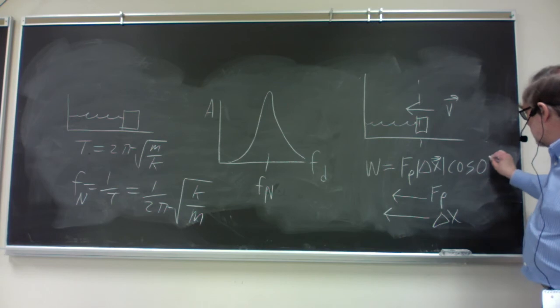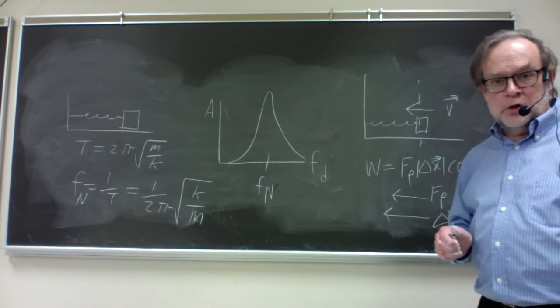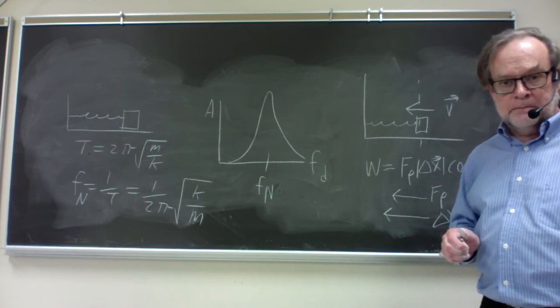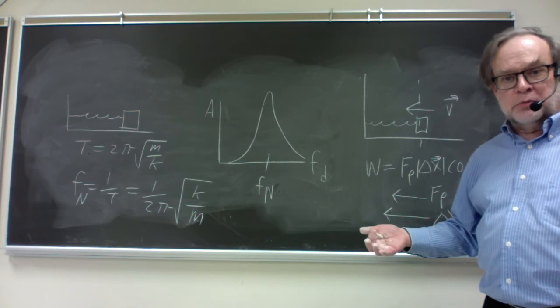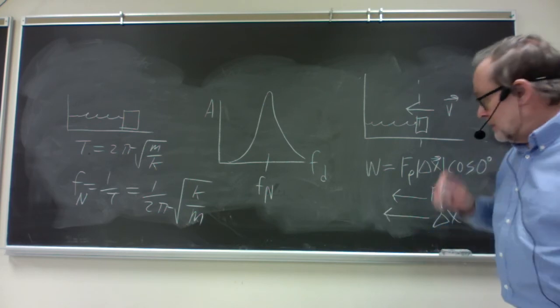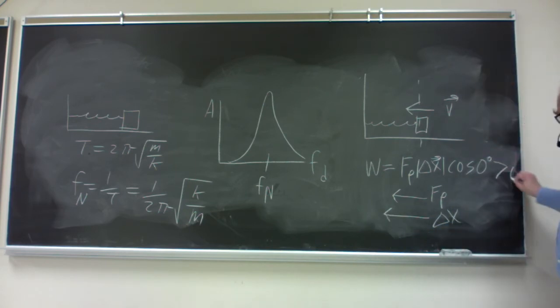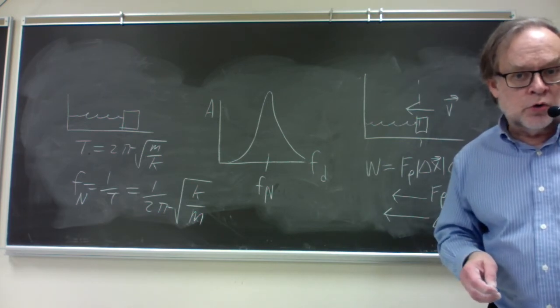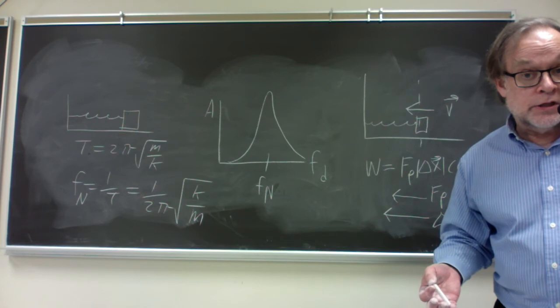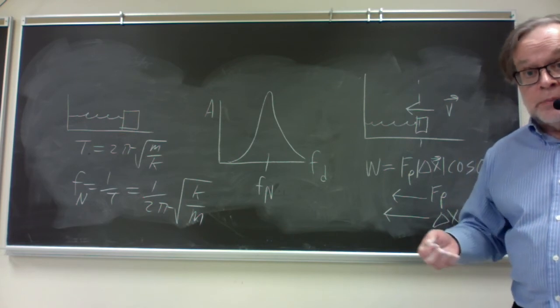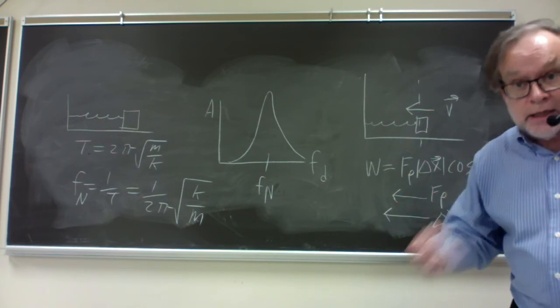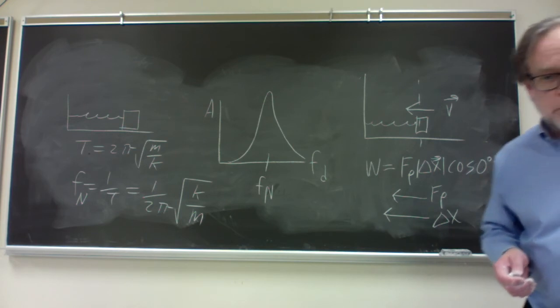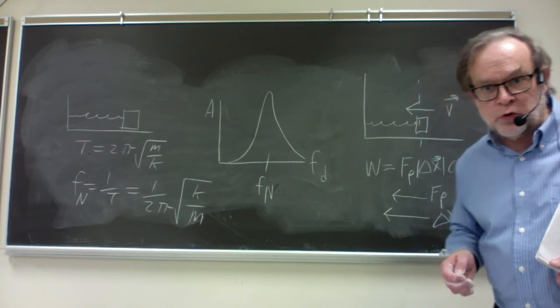So you've got a cosine of 0, which gives us +1, which is the largest possible value cosine could have. But the significant part here is that that guarantee, cosine equal +1, guarantees that the work is positive. Positive work means energy is given to the thing that feels the force.